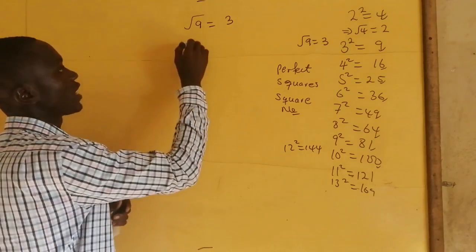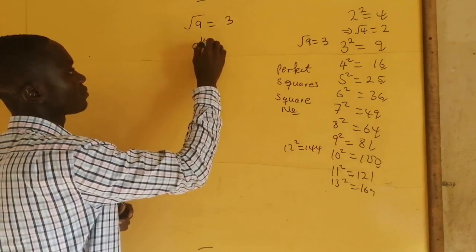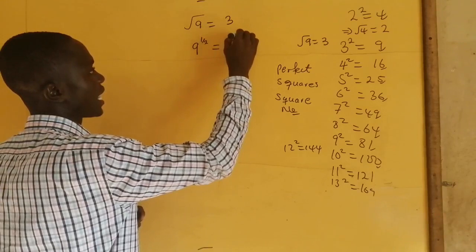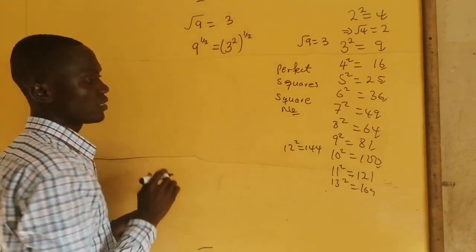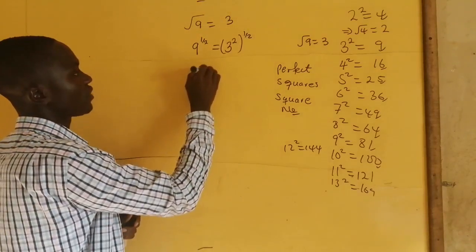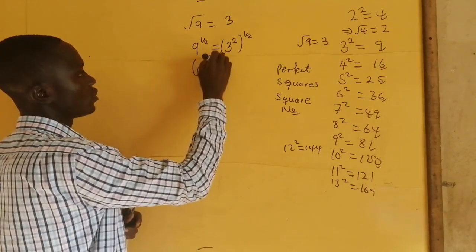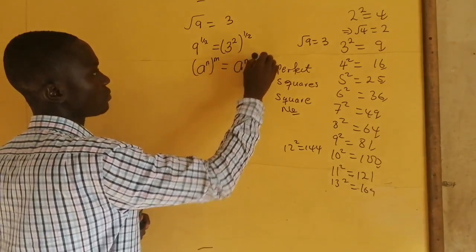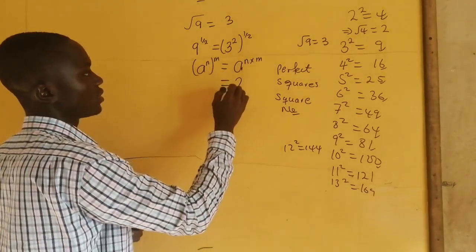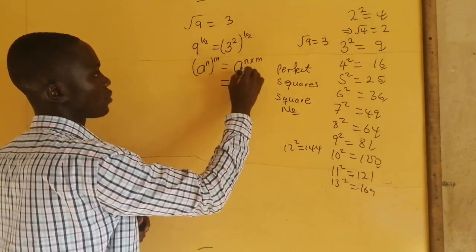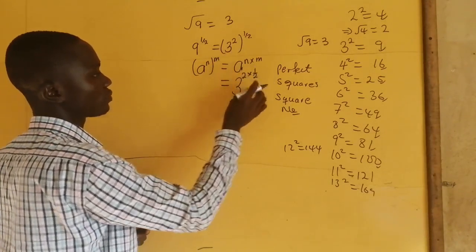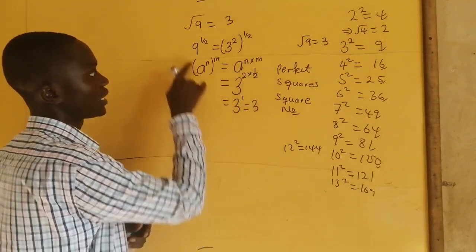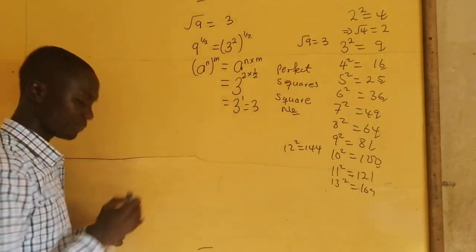So if I write 9 power half, and this 9 is the same as 3 squared, and it has another power half. Then from indices, if I have a to the power n to the power m, this gives me a to the power n times m, which equals 3 power 2 times 1 divided by 2. If we simplify this, we get 3 to the power 1, which is the same as 3. That is why the square root of 9 is 3.